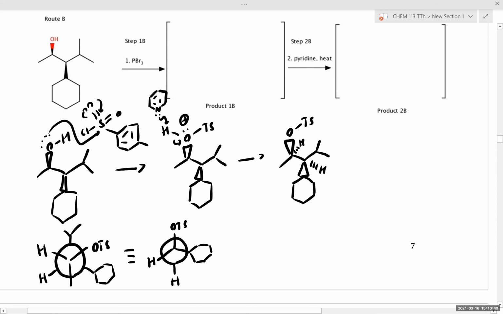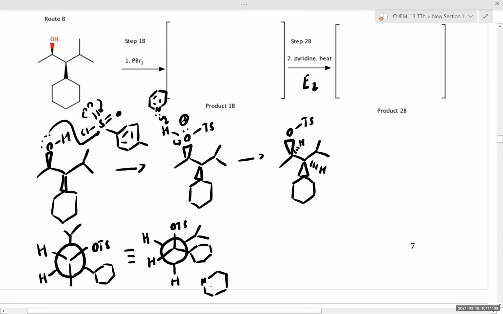anti-periplanar. Now, since we're treating a highly substituted alcohol with base, and we have a really activated leaving group, this is a textbook E2 reaction. So as such, we're going to need to set up our leaving group and our proton in an anti-periplanar arrangement.